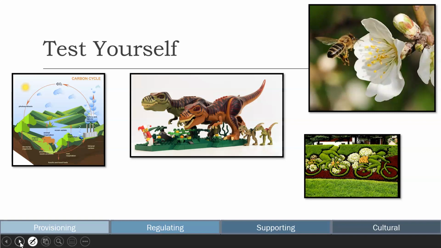So here's some examples of some ecosystem services, and see if you can test yourself which each belongs to. So we've got the carbon cycle, we've got some Lego dinosaurs, a bee pollinating, and some creative gardening.